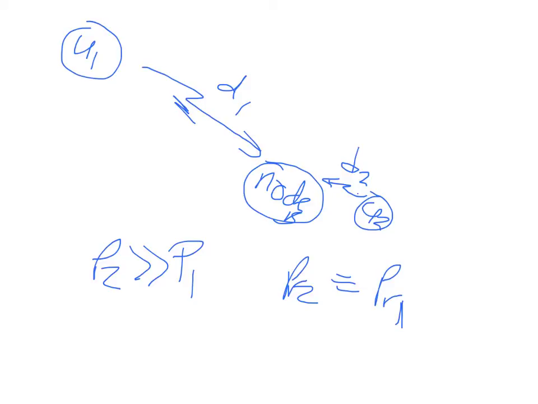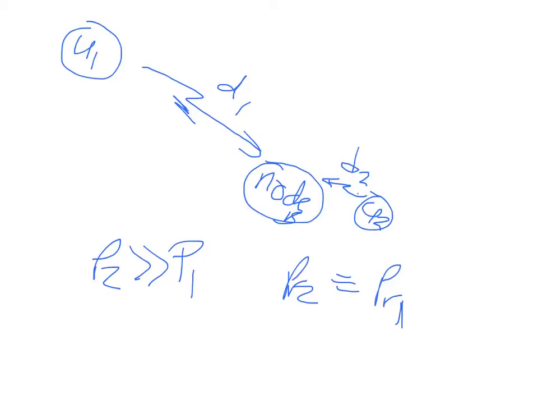So in this case, what happens is the node B will give instructions to a particular mobile to increase their power or decrease their power dependent on the received power. So the instruction to user 1 would be increase your power, and the instruction to user 2 would be to decrease your power.